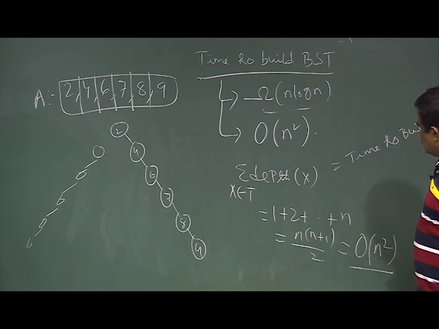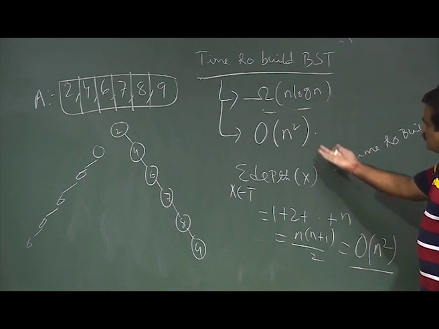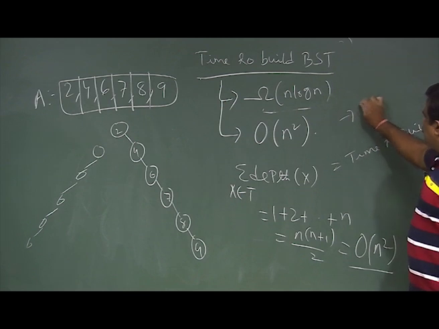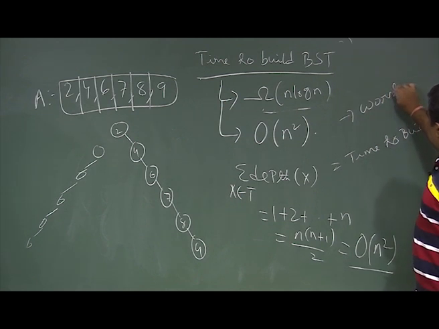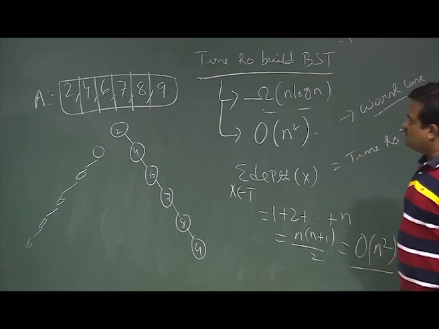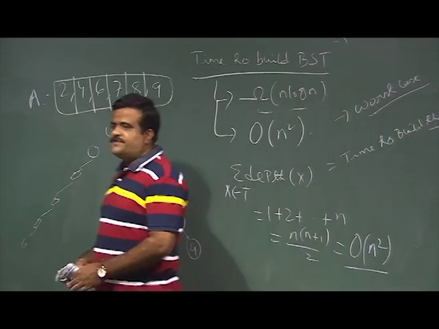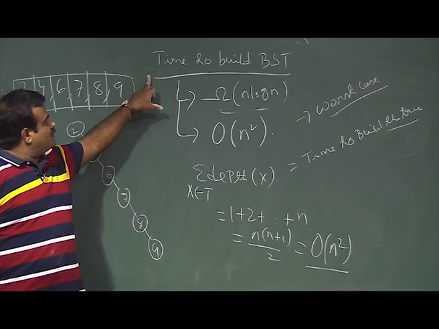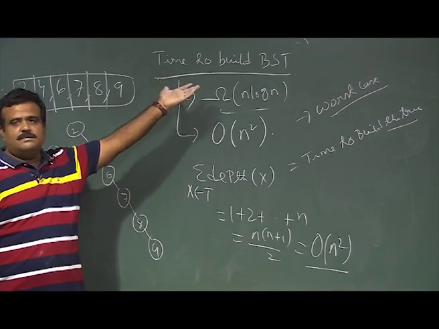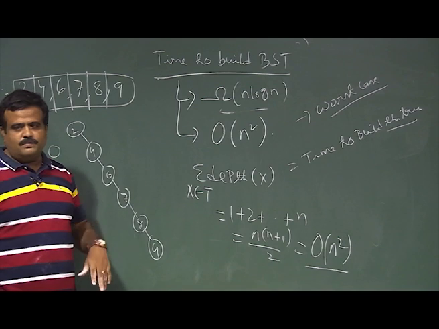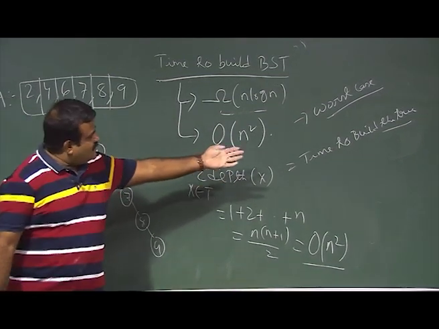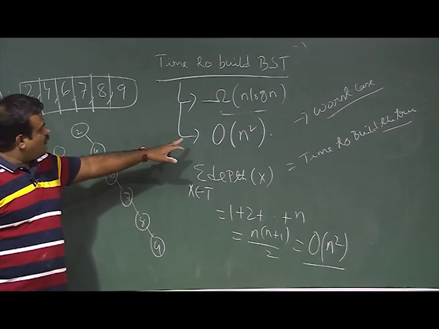So, that means this will be the time for BST sort, because in-order traversal will take linear time, and building the binary search tree takes the major time, and that itself takes order of n square.